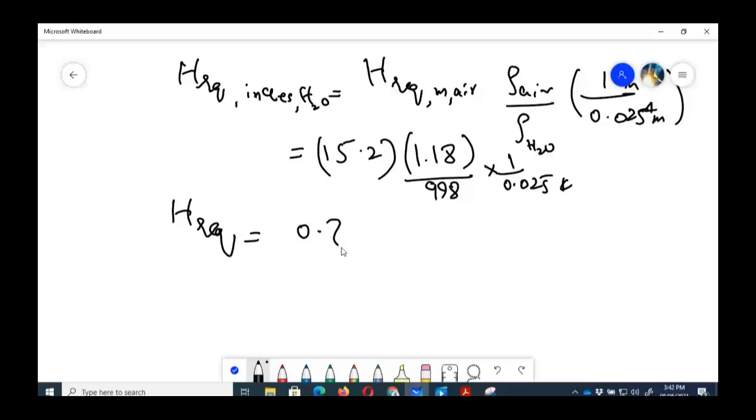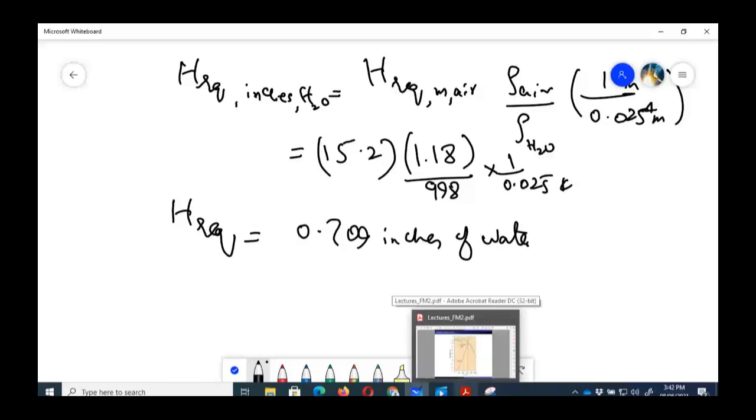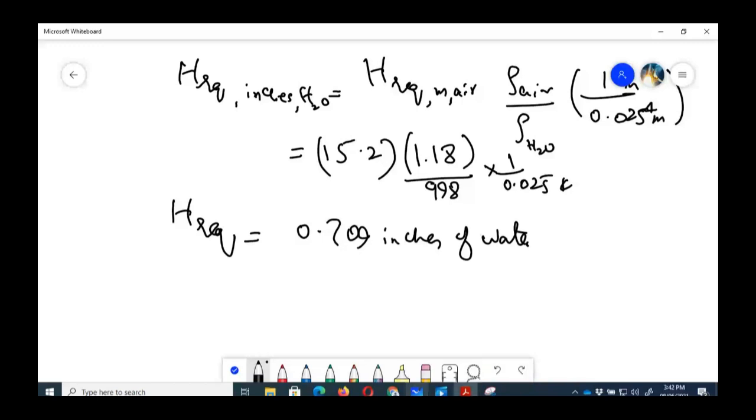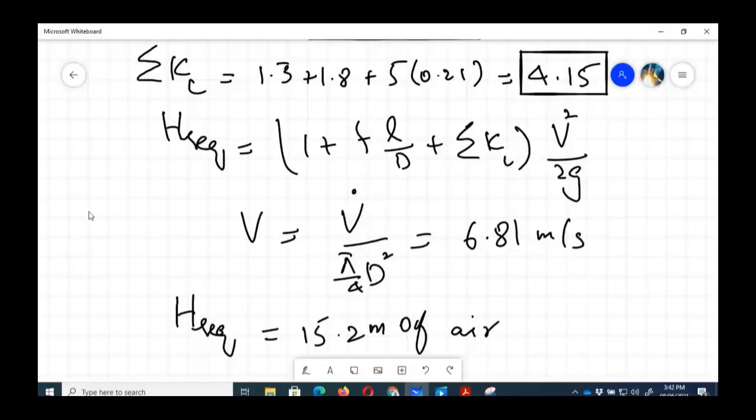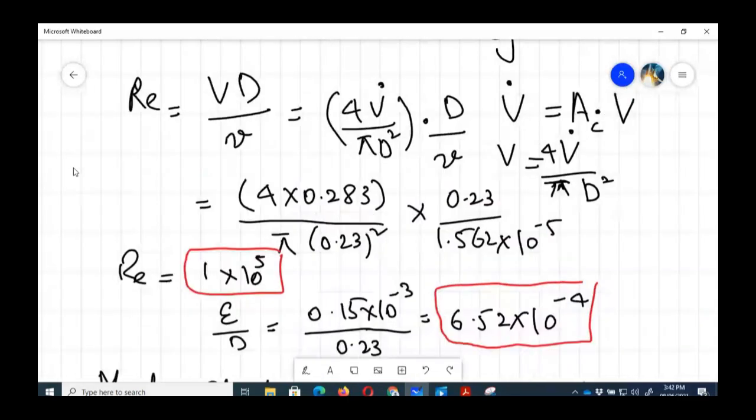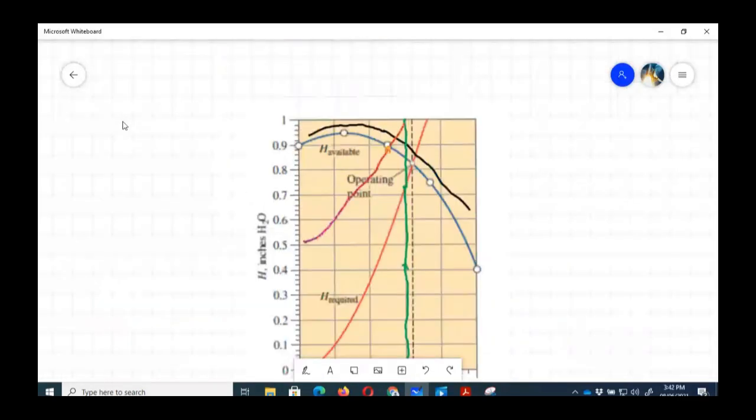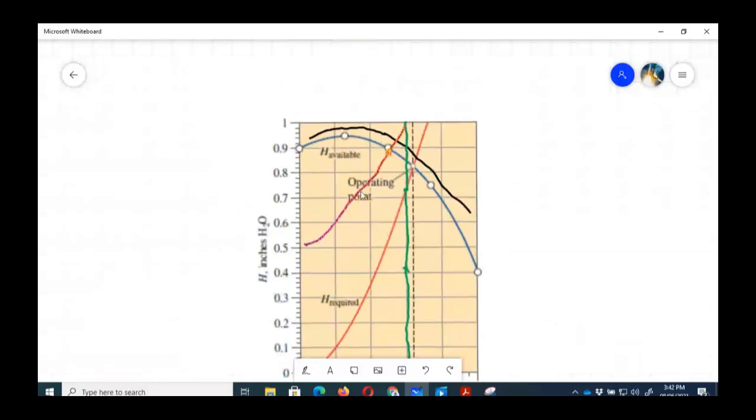Now 0.709, can we see this value for 600? 600, what was the value again? 0.709. Where is that? If I can show you here, 0.709.